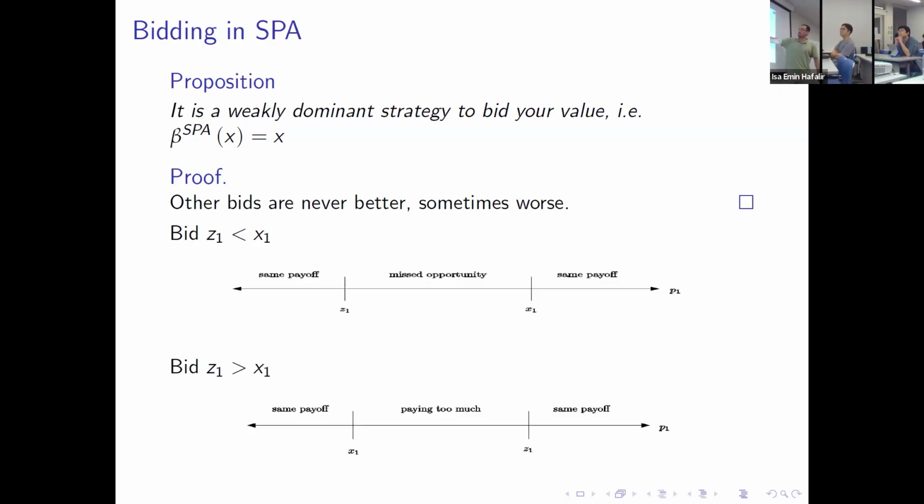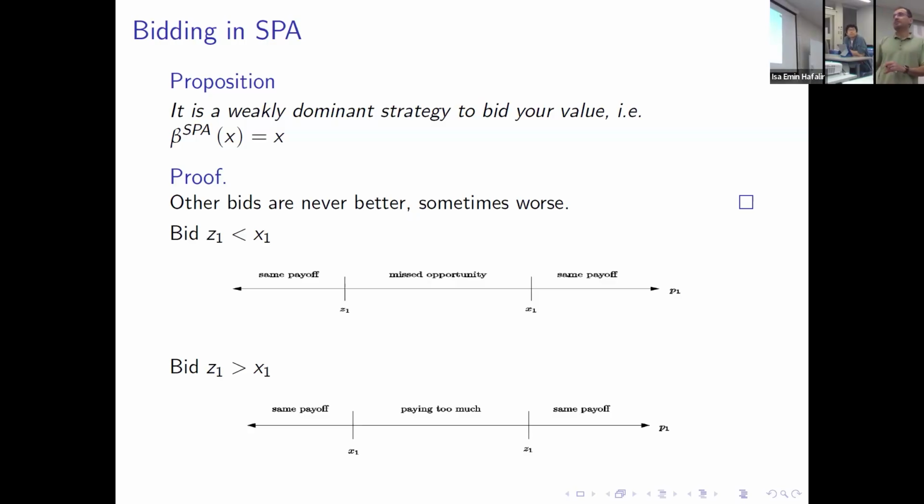So here it is the same, and here truthful bidding is strictly better than underbidding. Therefore, truthful bidding dominates underbidding. Similarly, you can do the same for overbidding. So this shows that overbidding and underbidding are dominated, and therefore truthful bidding is a dominant strategy equilibrium.